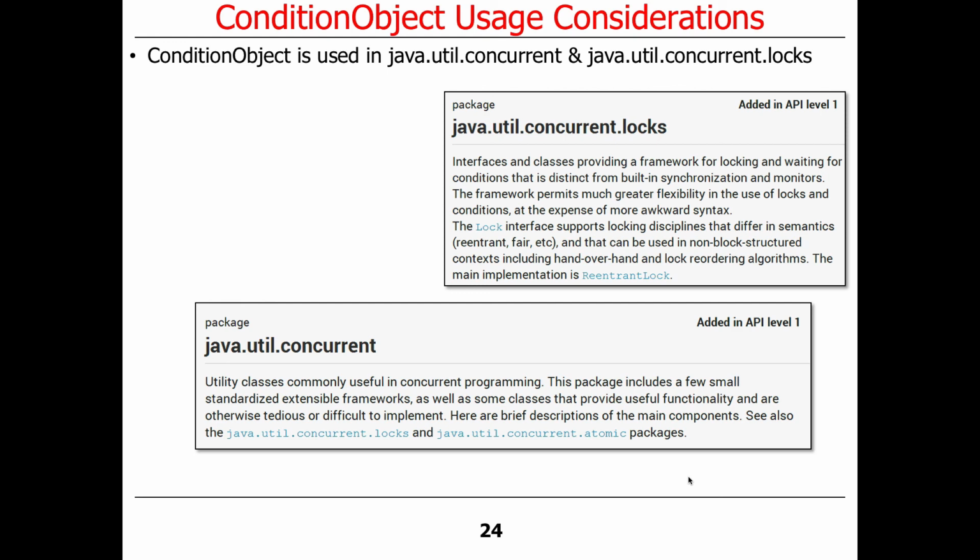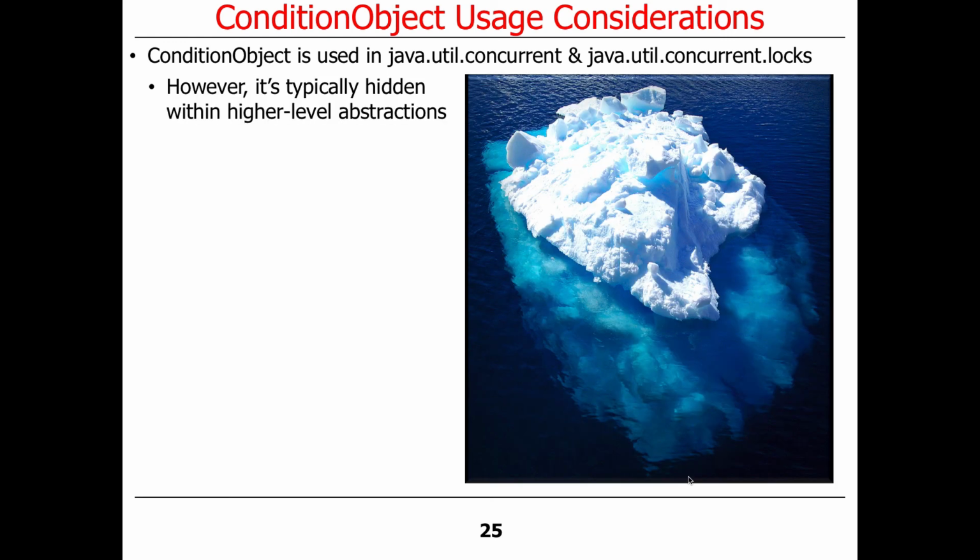Condition object is used quite extensively within some of the Java concurrency packages. java.util.concurrent uses it all over the place for things like ArrayBlockingQueue and LinkedBlockingQueue. Linked blocking queue and array blocking queue both use condition objects, and it's available in concurrent locks and so on.